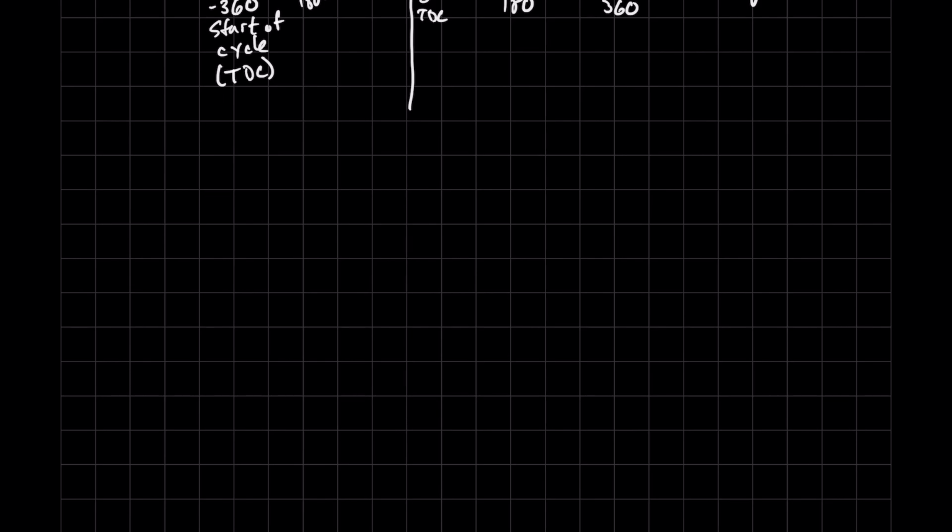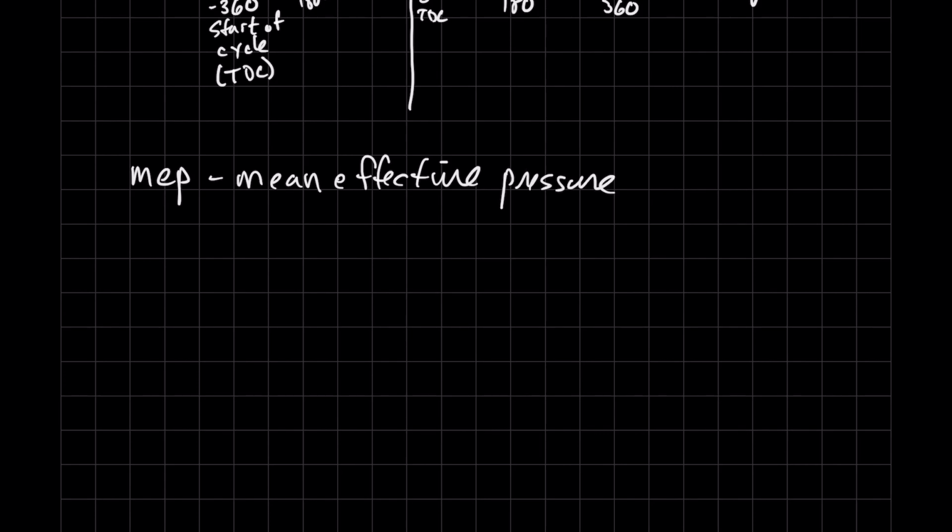And so first of all, what we need to know is that mean effective pressure in general, okay? And there's lots of different ways that we are going to characterize mean effective pressure. And we'll talk about this in class, right? There's obviously indicated mean effective pressure. That's what we're working on right now. But there's also brake mean effective pressure and friction mean effective pressure and pumping mean effective pressure.